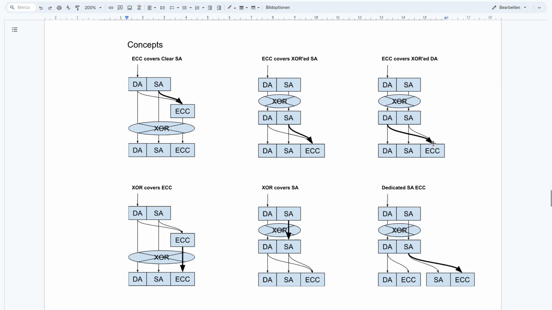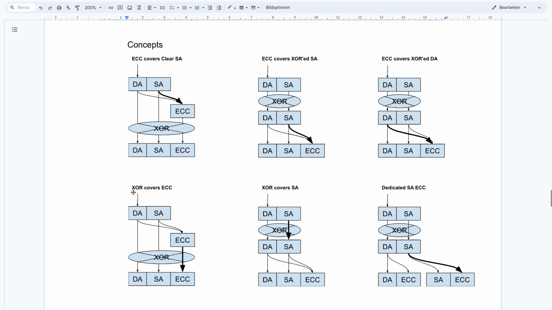Then the ECC covers the XORed data area, and it has different values if it were calculated from the XORed data area or from the clear data area. So theoretically we would have another concept called ECC covers clear data area, but since that's always the case, I assume that we don't need that as a specific concept to talk about.